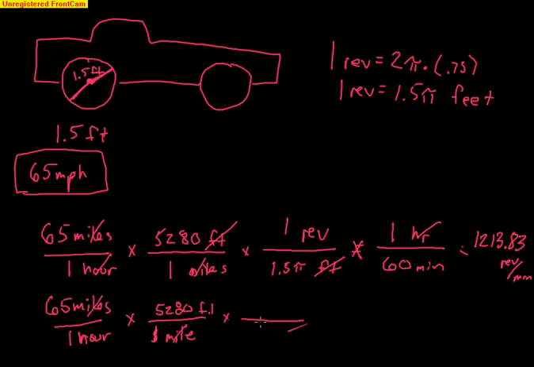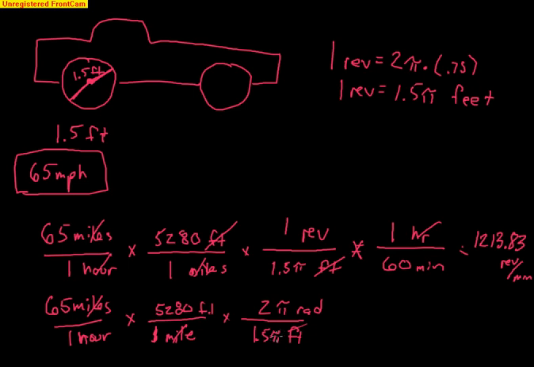I know that 1.5 pi feet is equal to 1 revolution. But I want that to be in radians, right? So I'm going to erase that, because I know that 1 revolution is 2 pi radians. So every time this circle goes around 1 revolution, which is 1.5 pi feet, it's also going around 2 pi radians.